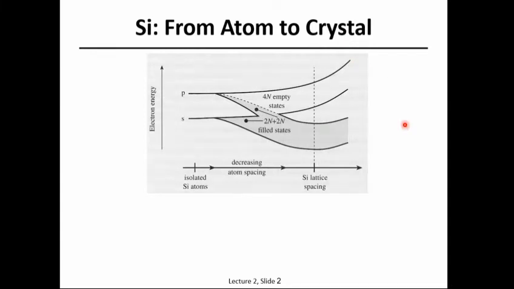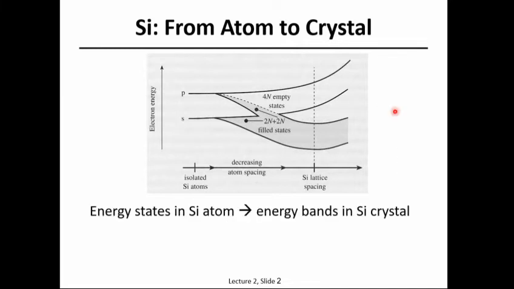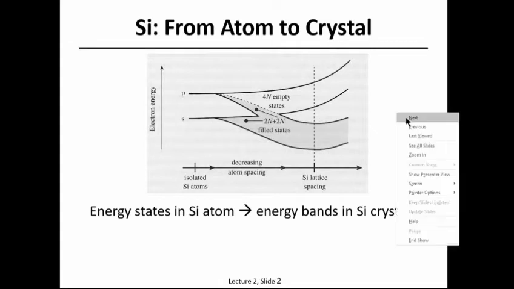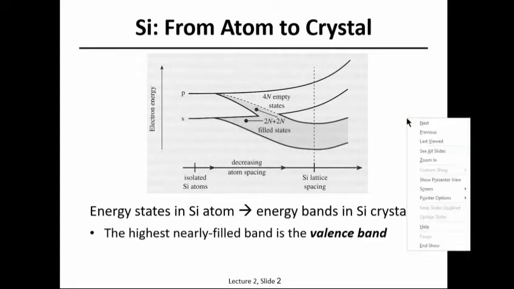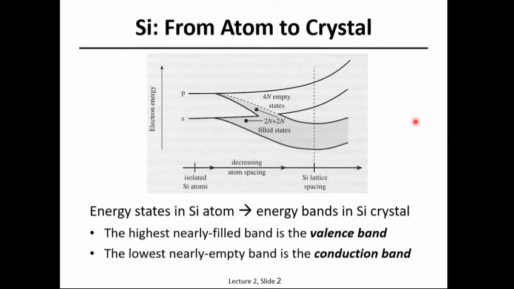Okay, so now if we are looking at the silicon atom, since silicon is an elemental semiconductor material, a pure material, we know the band structure of silicon has a valence and a conduction band.